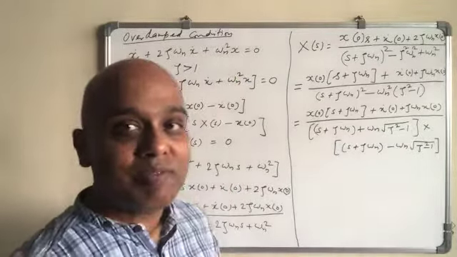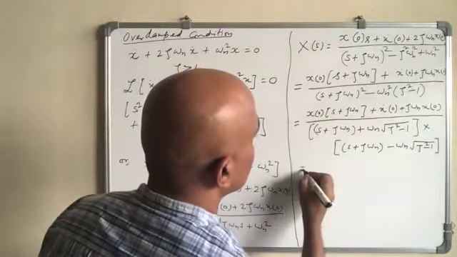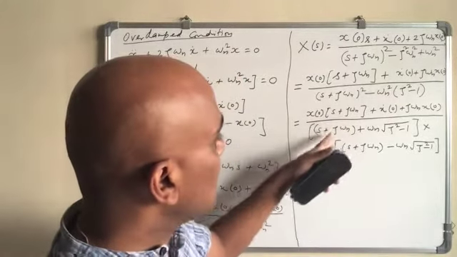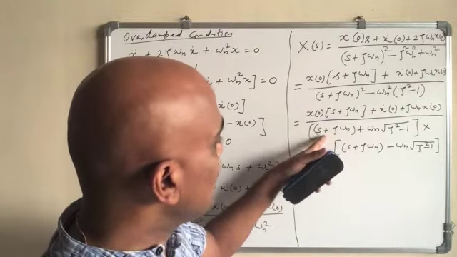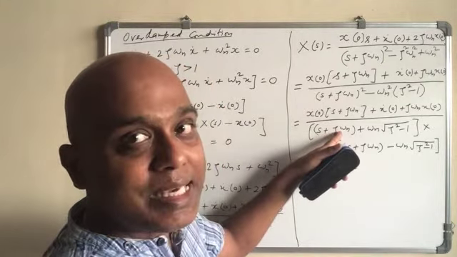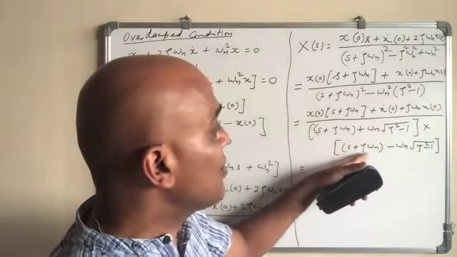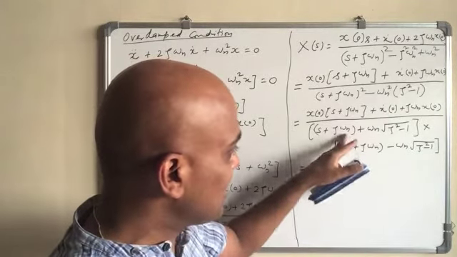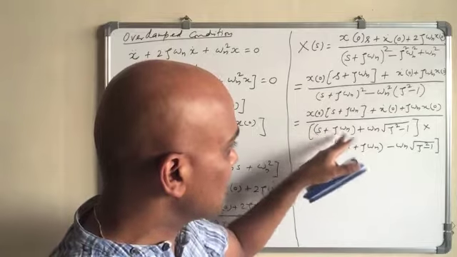We have to simplify it further, and how are we going to do that? Now see here, s plus zeta omega n here, s plus zeta omega n here, plus here and minus here. If we add them together, we get 2 times this one.